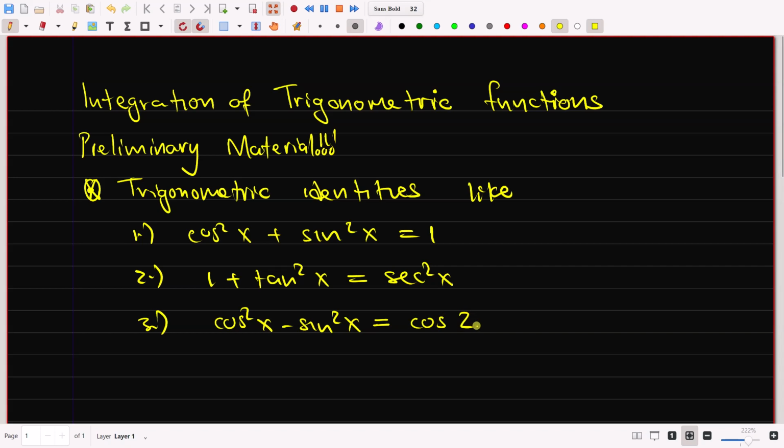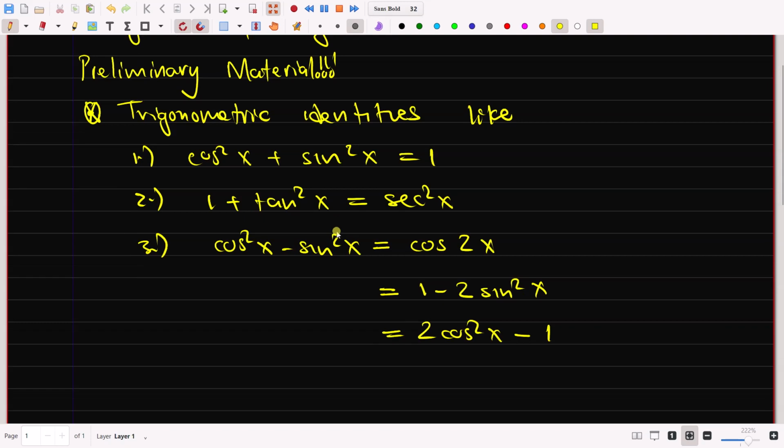This is just cos 2x. This is also the same thing as saying 1 minus 2 sine squared x, and also 2 cos squared x minus 1. So these are some identities that you should know.